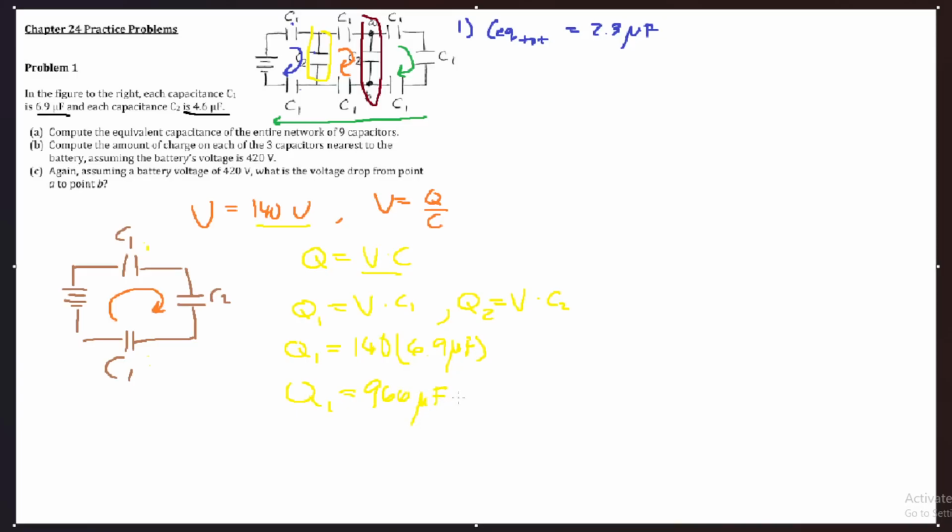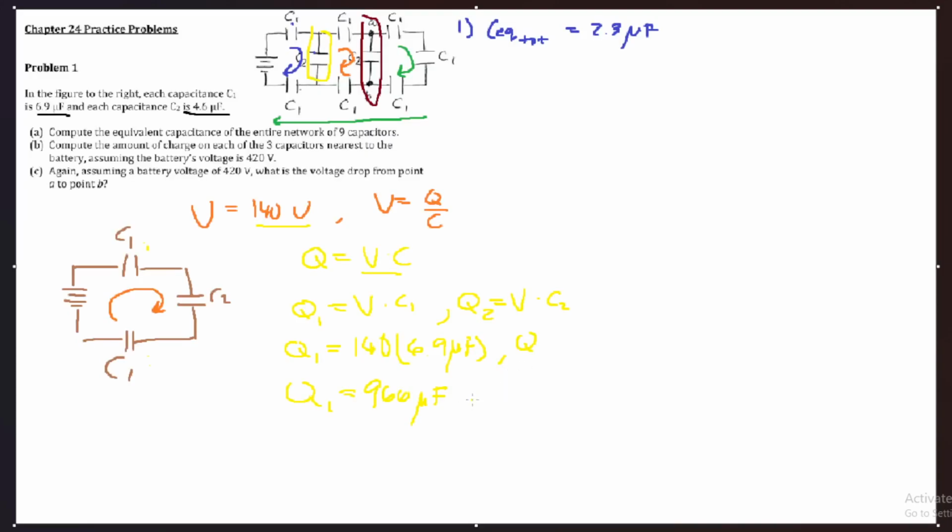And if we solve for Q2 the same way, Q2 would be 140 multiplied by 4.6 microfarads, giving us 644.